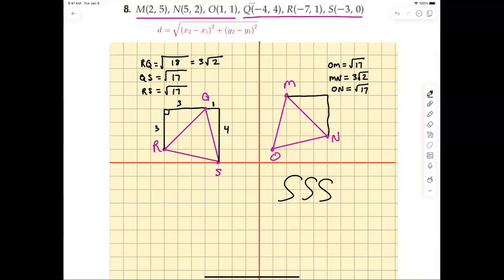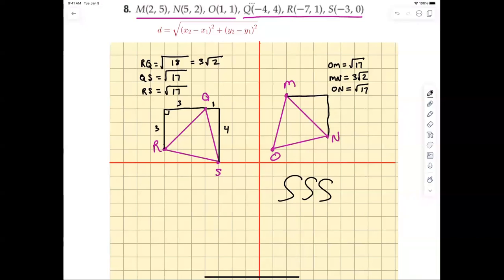Very easy. Go ahead. Instead of finding or doing these different things, when you add the right triangle, could you just find the distance of it and see that it matches the other triangle? I don't know what you mean.